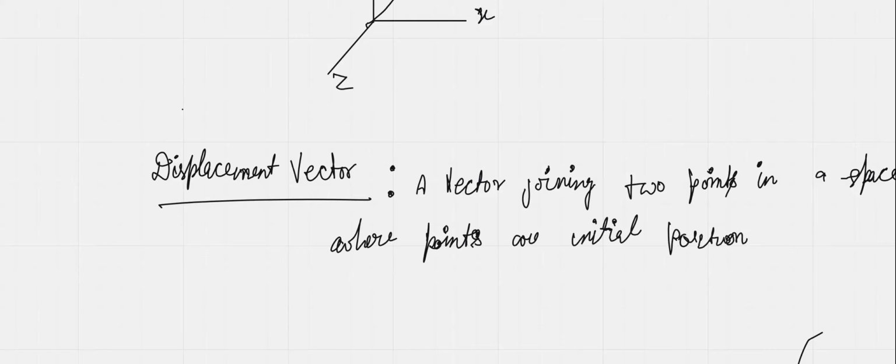That is, the initial position vector and the final position vector.